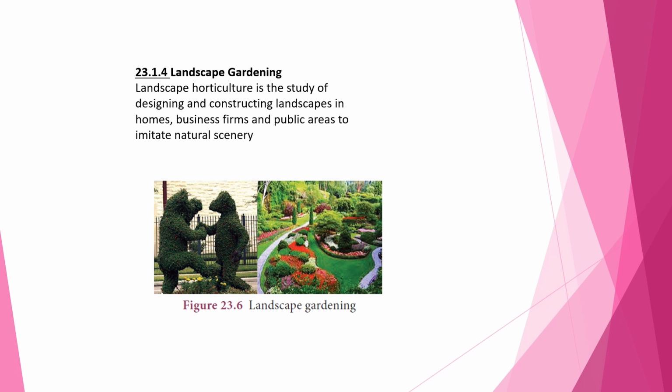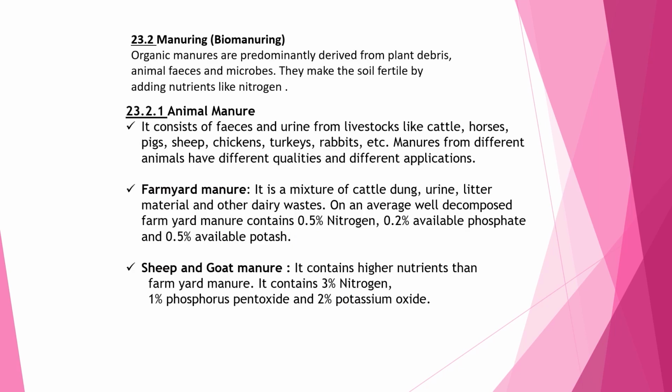The next one we are going to do is manuring. With this only we have started the introduction. Clear? Now this manuring is also called biomanuring. Organic manures are predominantly derived from plant debris. Plant debris, the garbage, dry leaves, sticks, twigs fallen from the trees, these are all plant debris.